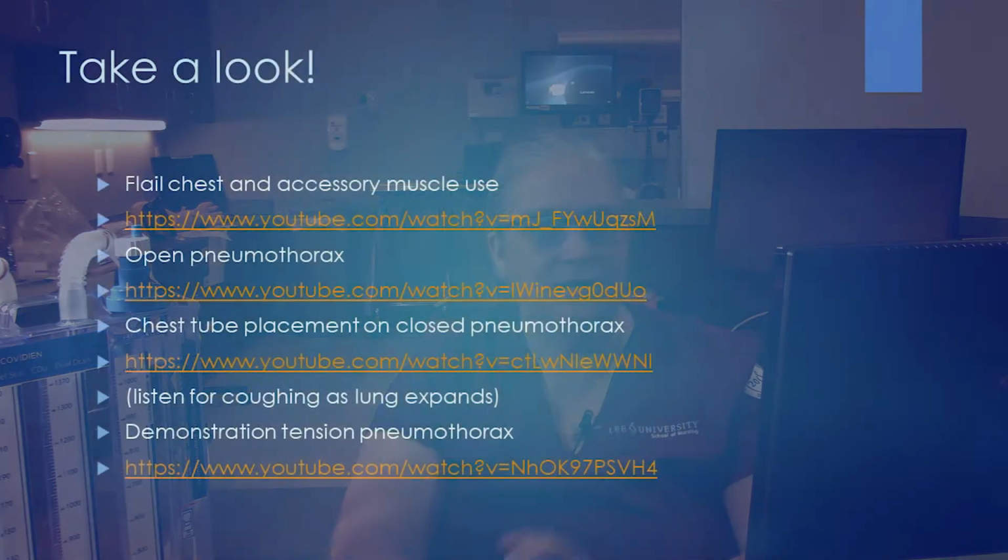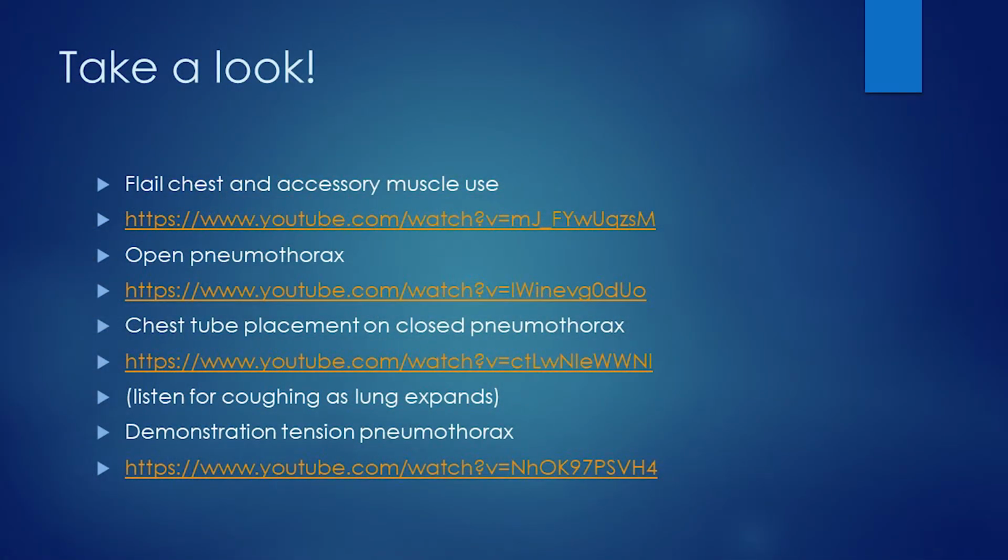I've got some great sites for you to go to. You've got one site where you can see a flail chest and accessory muscle use. Very cool. Here's a YouTube where they show an open pneumothorax, one where they show a closed pneumothorax, and they're actually putting in a chest tube, which is really how you treat these types of injuries.